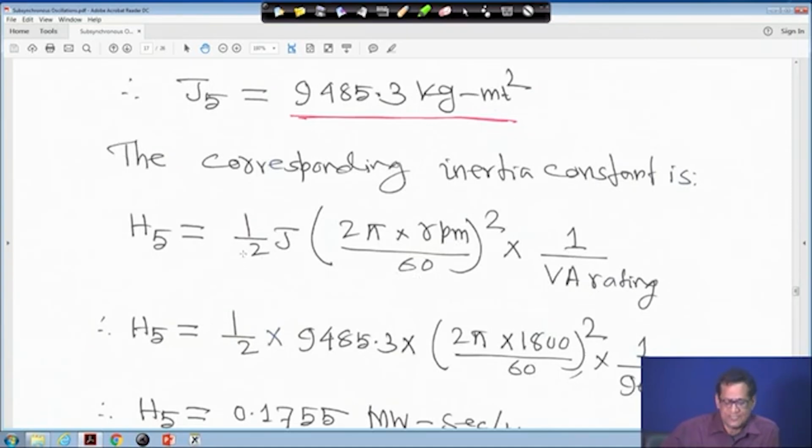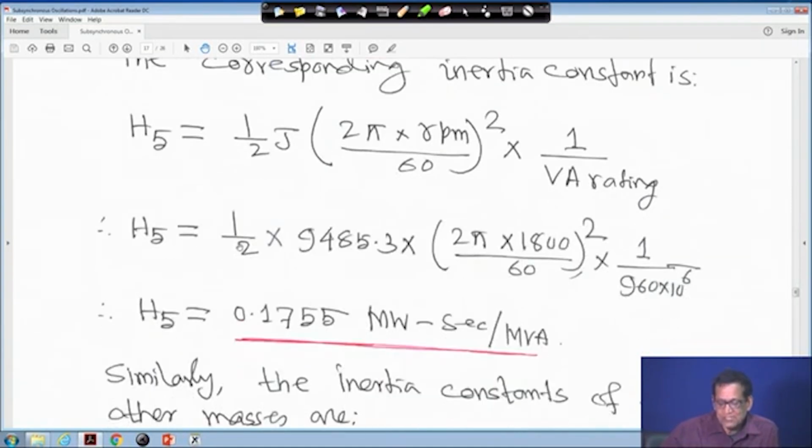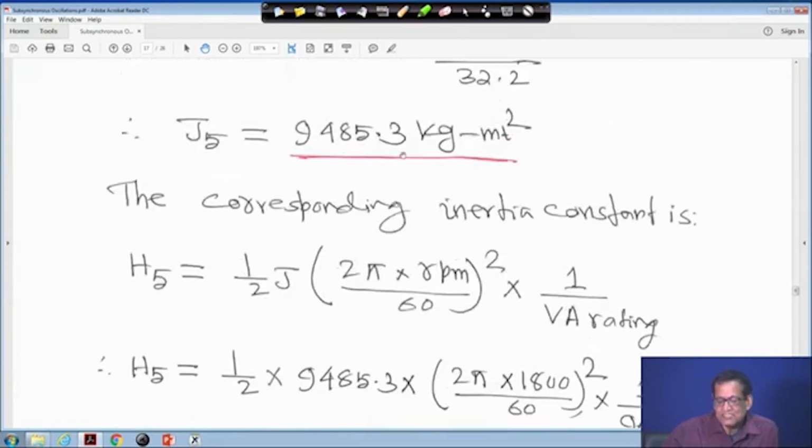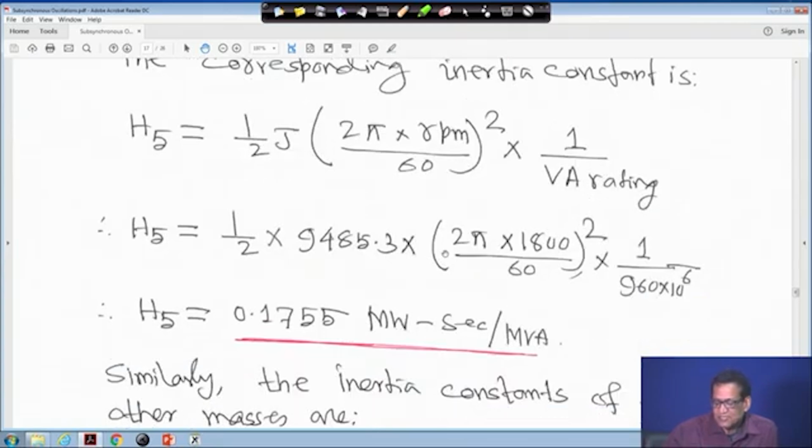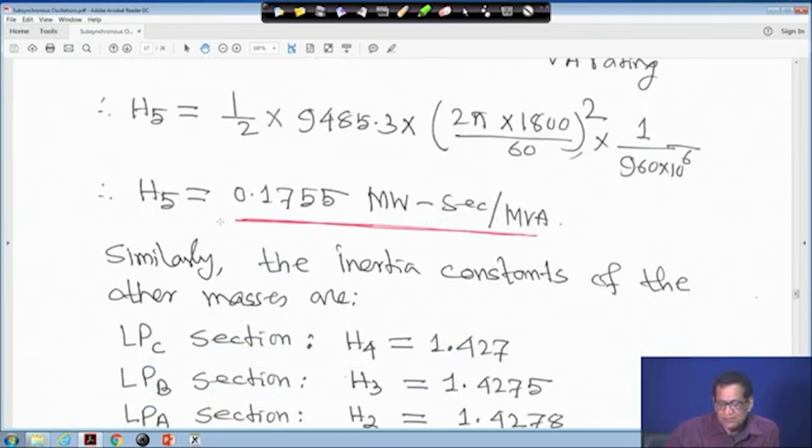So, if you substitute the J value we just got, into 2 pi, RPM given in the data as 1800 divided by 60 whole square, into MVA given as 960 MVA, which we convert to volt ampere, so 1 upon 960 into 10 to the power 6. Therefore, H5 will become 0.1755 megawatt second per MVA, that is nothing but 0.1755 second.